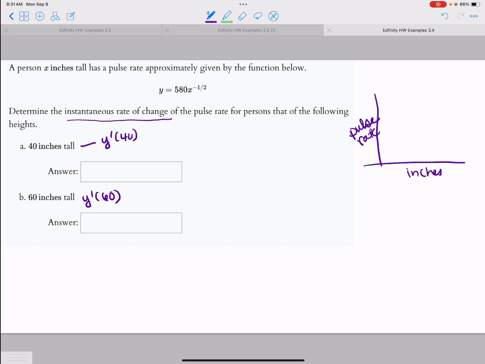So if I'm trying to find the derivative, let's find the derivative formula. This is a power rule. So 1/2 times 580, we'll have negative 290. X to the 1/2 minus 1 is negative 3/2.